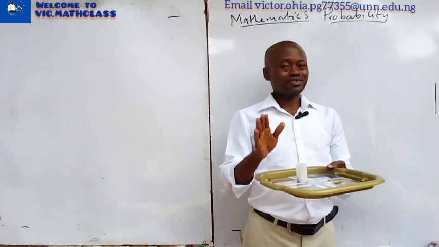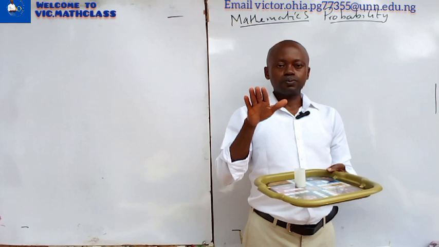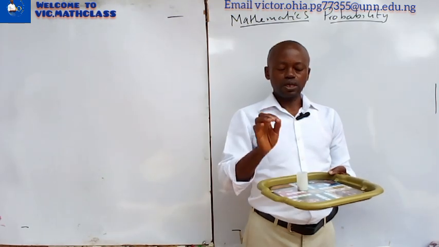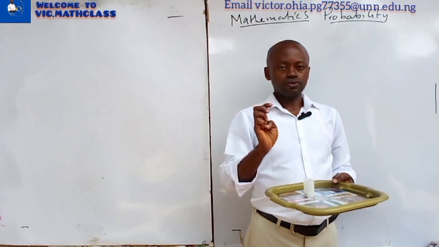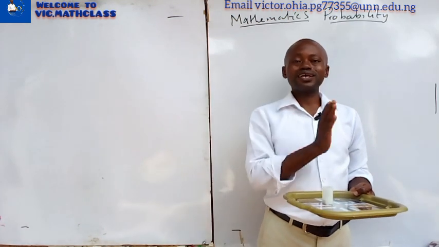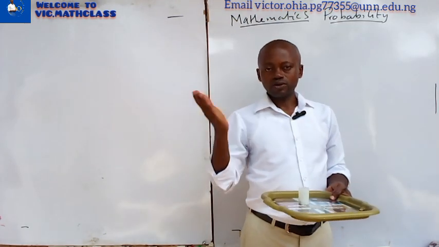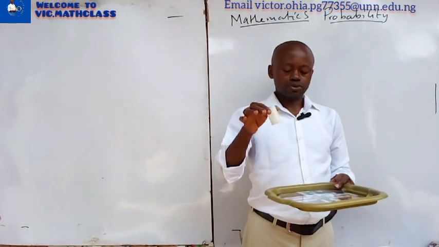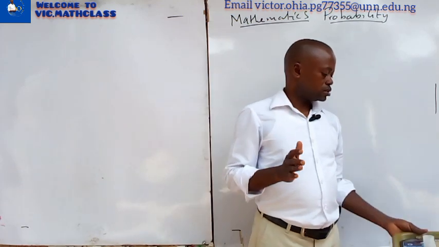The best thing you can do is to follow us in this class. We have a lot to do practically in probability. As you follow and watch us, we will cover mutually exclusive events with practical questions from WAEC, NECO, JAMB and thereabout, and other higher questions you can look at so far as probability is concerned.